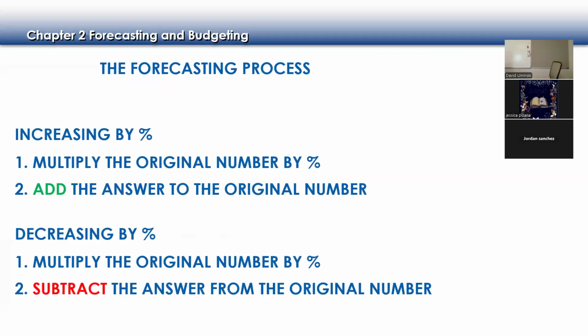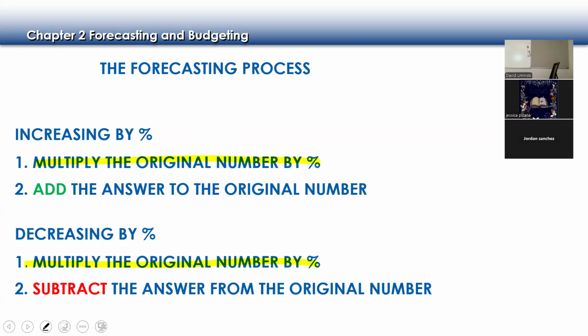All right. So when we budget, when we forecast, we typically are going to increase or decrease, and we typically use percentages. When we increase or decrease by a percentage, it's a two-step process. And you'll notice the first step is the same for both processes.